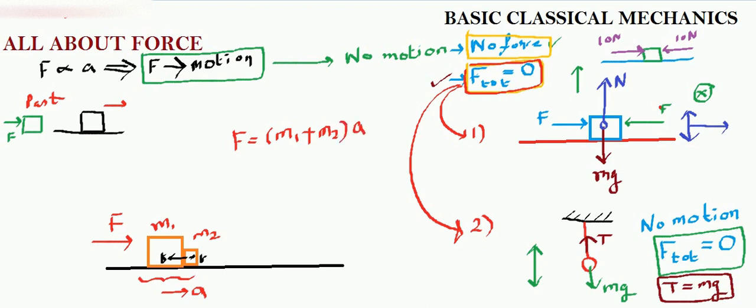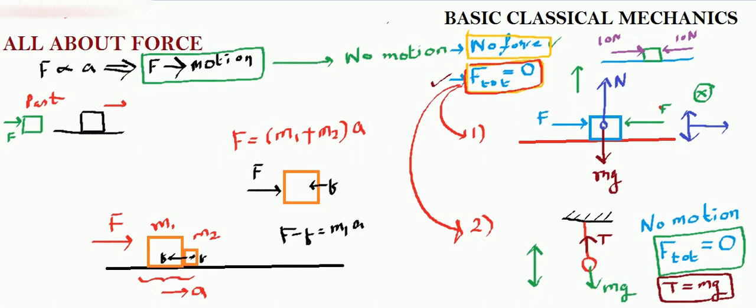But then your teacher tells you that you have to consider the block separately, and you make a force F acting on it, and then you also have to consider a small f called the contact force, and then you write F minus f equals m1a. Agreed? This is what you do.